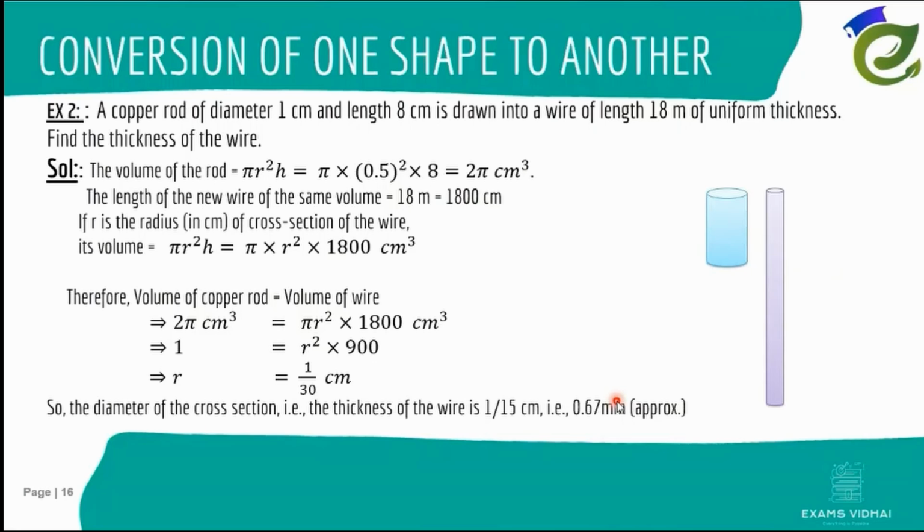So hence the copper rod is stretched in order to be drawn into the wire. So the final volume remains the same.